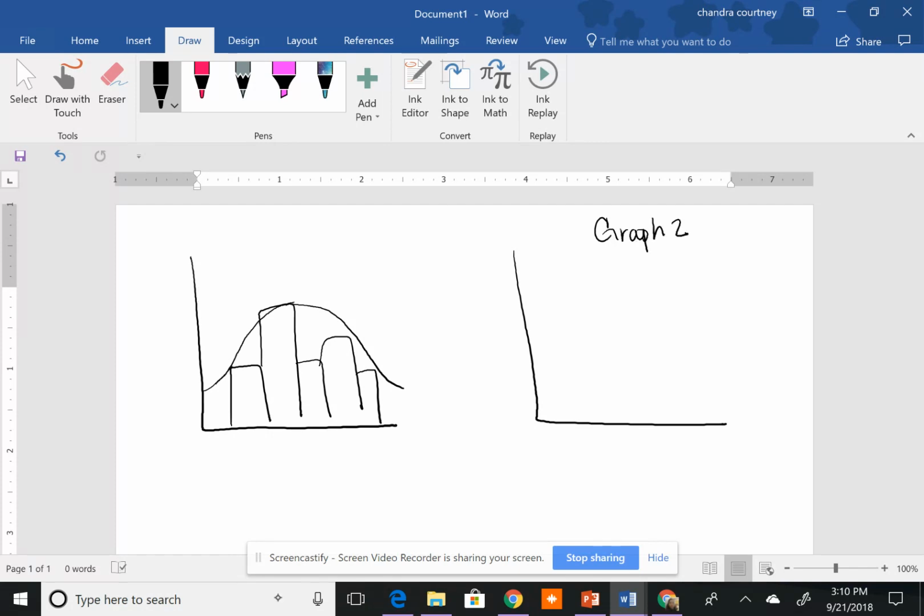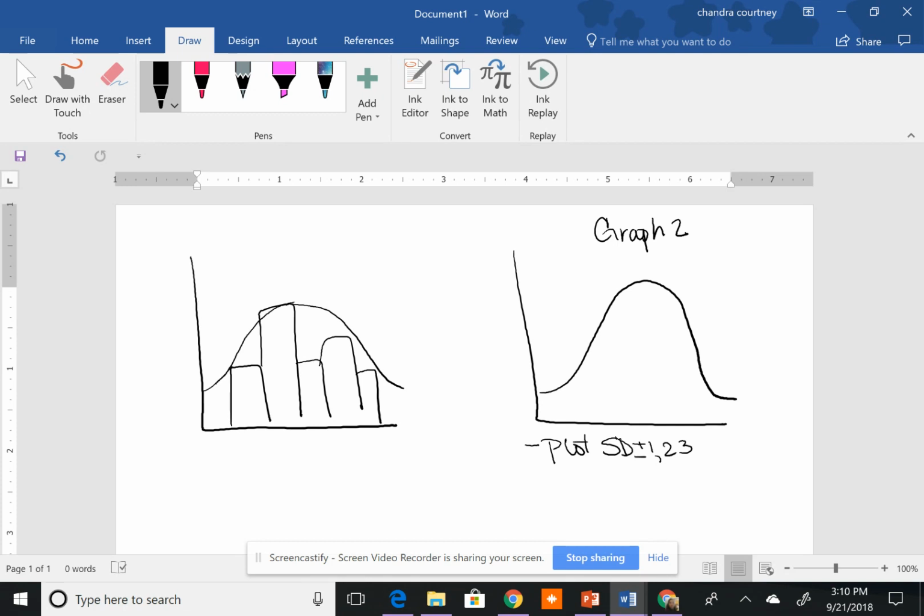So on graph 2, you would take that normal distribution curve that you figured out, whatever yours looks like, and you are going to plot your standard deviations, plus or minus 1, 2, and 3, based on that data.